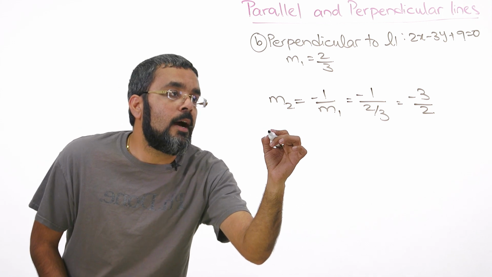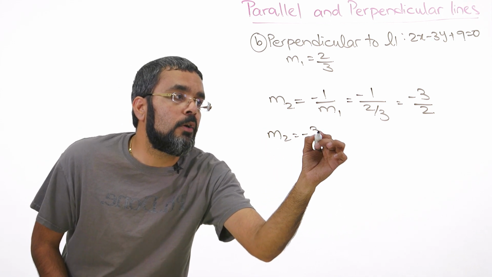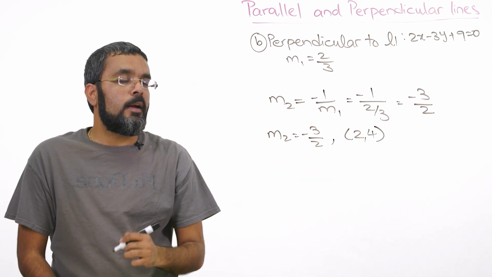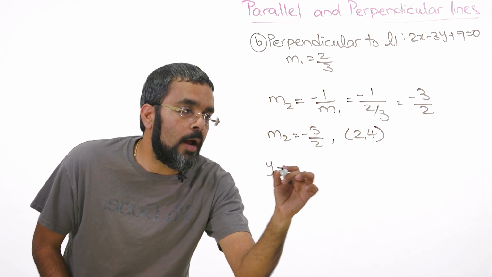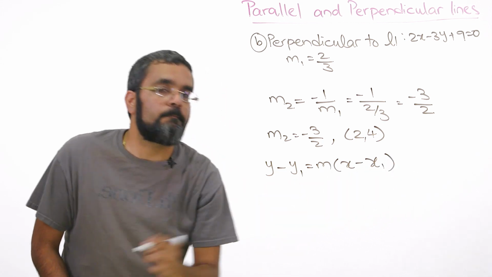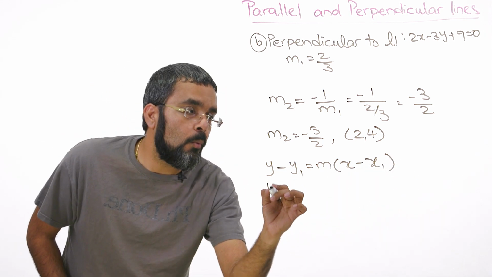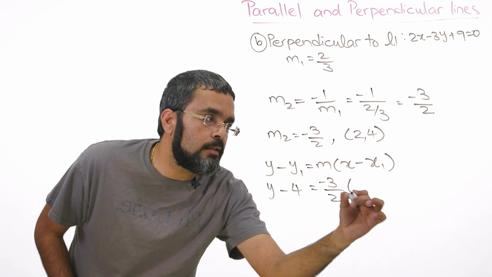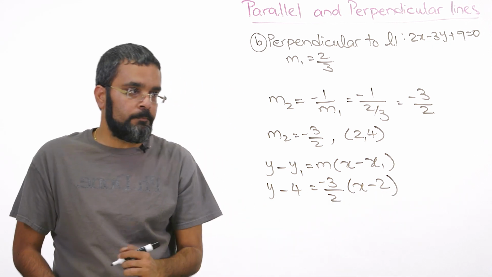So in this case, m2 is -3 over 2, and you know that it passes through the point (2, 4). So again, y minus y1 equals m times x minus x1. So I have y minus 4 equals -3/2 times x minus 2.